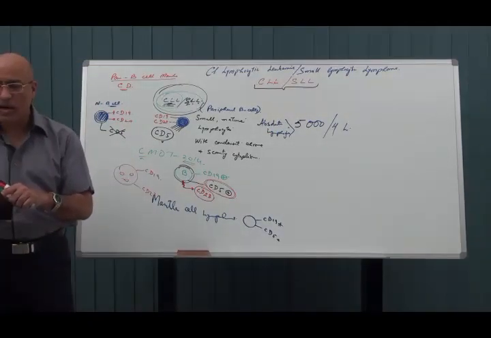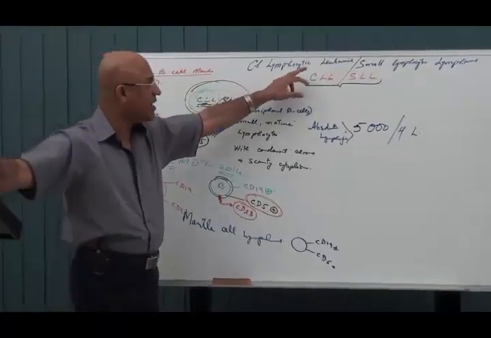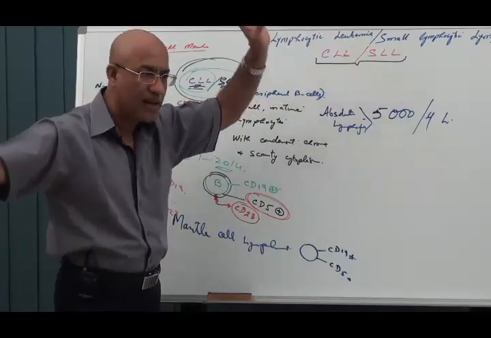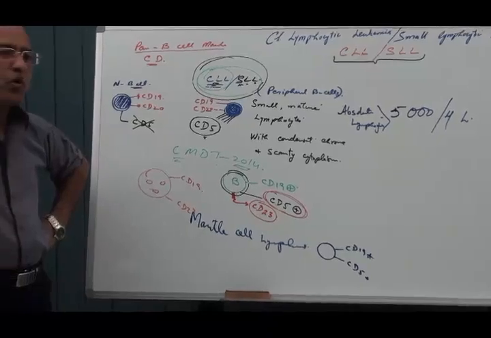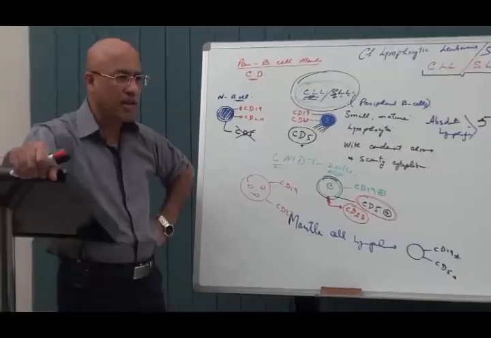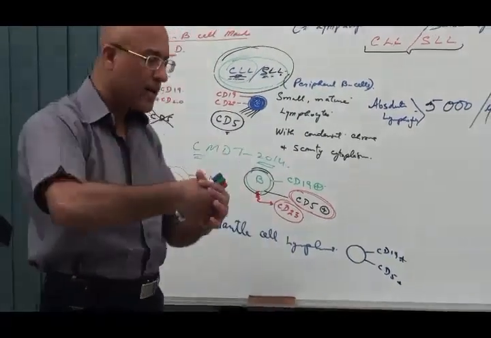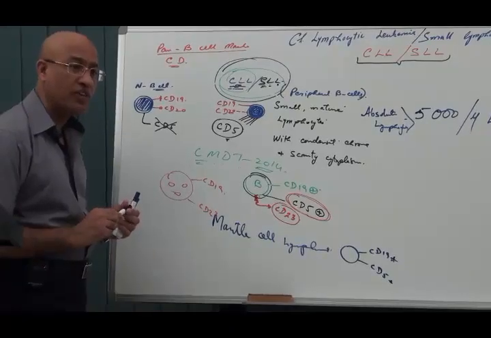Okay. Now this leukemia, CLL, whenever I say CLL from now onward, you consider I'm saying SLL also. Just make it simple. Whenever we talk about CLL, it is the most common leukemia in elderly people. You remember in the previous lecture we talked about the most common leukemia in children, pediatric leukemia.